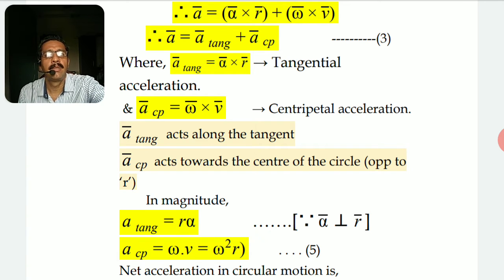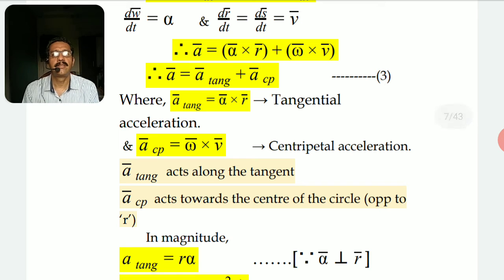So in my equation number 3, where I find vector A net, the total acceleration of a particle performing circular motion is the sum of two vectors. One is tangential acceleration acting along the tangent to the circular path, and the second is centripetal acceleration, which will be acting towards the center.